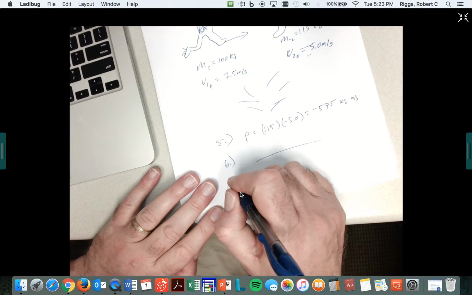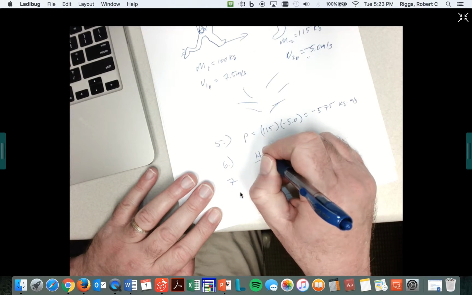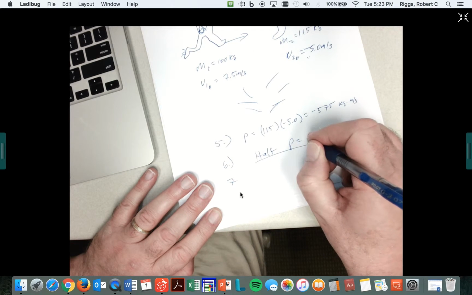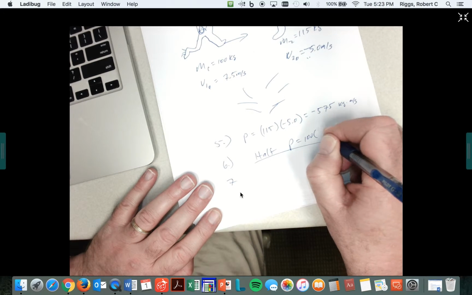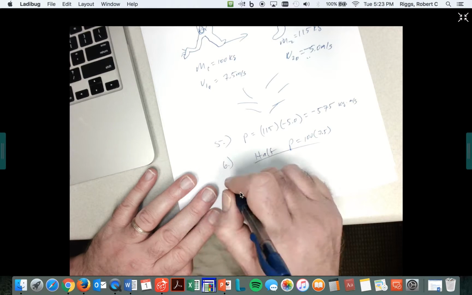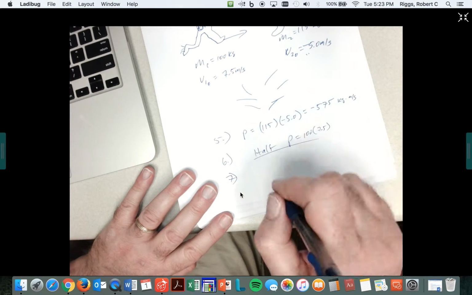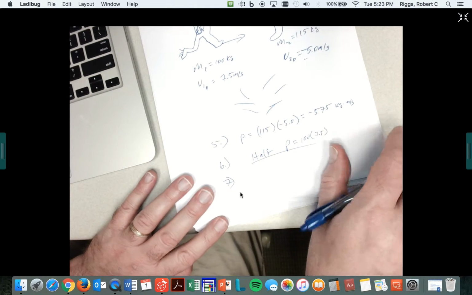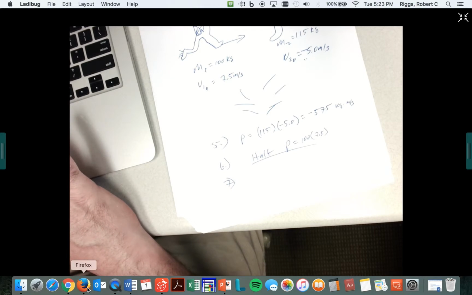So 7, this is for the halfback, which is this P for the halfback is equal to 100 times positive 7.5. Now, for 7, we've got to add these two momenta together.